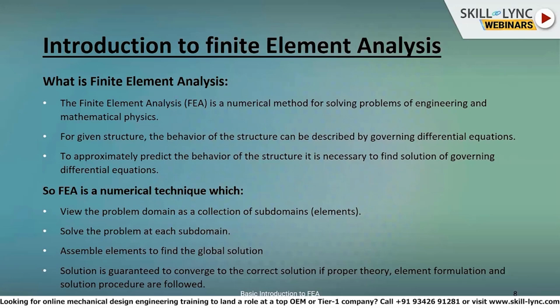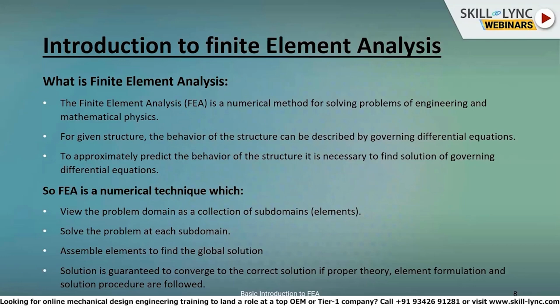What we can summarize in simple terms is that a problem domain is a collection of subdomains. If we have a big component or big domain, we divide or discretize that into a number of subdomains called elements.